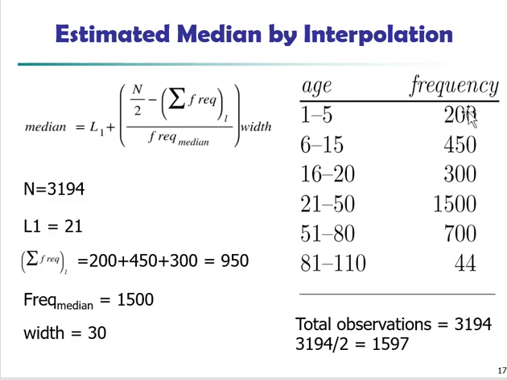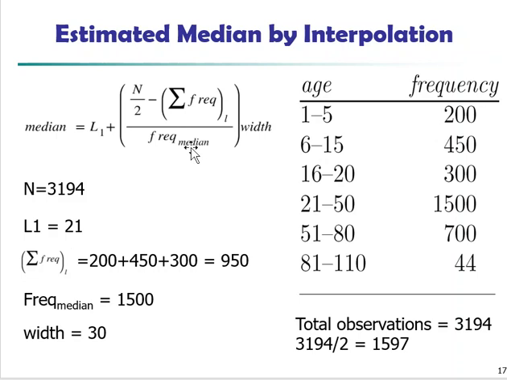Looking at those numbers, those are only 950, adding those up. Therefore, our median must fall within this range, so we take 21. This is the starting value of the range holding the median. And this frequency is everything that occurred before, all the observations with a value lower than 21. Adding these three values together, we have 950.